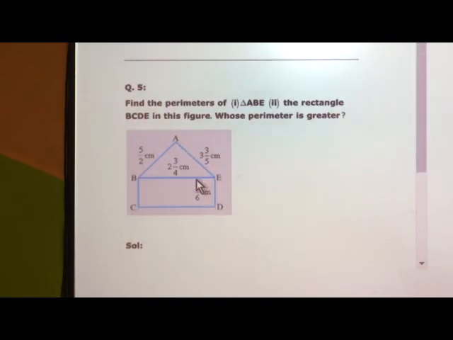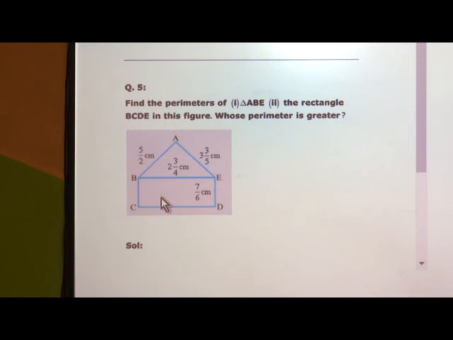One more example we have is very interesting. Find the perimeter of the figure you have here. Yes, we can see here one is a triangle and one is a rectangle. Here my question is the perimeter. You know the perimeter? Yes, we have to first find the perimeter of the triangle and the perimeter of the rectangle.